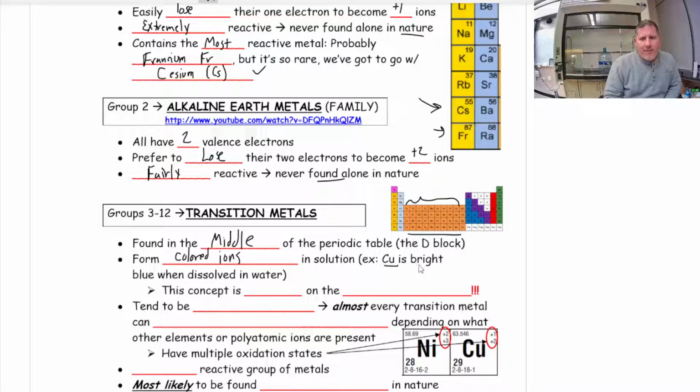For example, copper is bright blue when mixed in water. This concept is always on the Regents exam, meaning they ask you what color copper turns in water. Just to let you know as a friendly heads up, no guarantees, but it seems always to end up there apparently. They tend to be unpredictable.